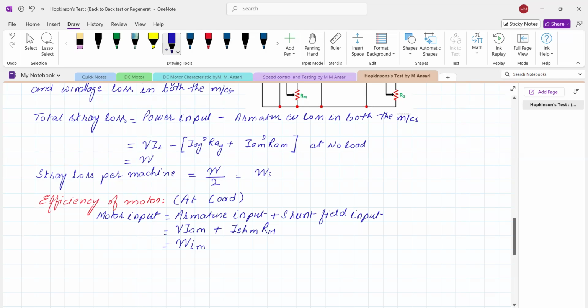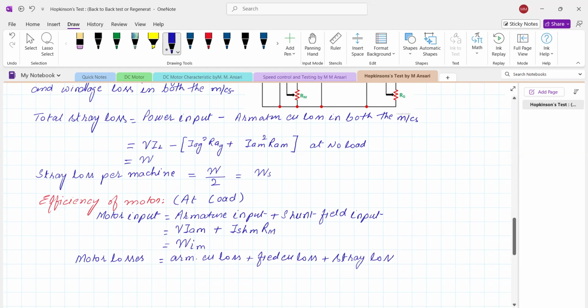Now, what is the motor output? Motor output is nothing but motor input minus losses. Motor losses are equal to armature Cu loss, at load condition, plus field Cu loss plus stray loss.